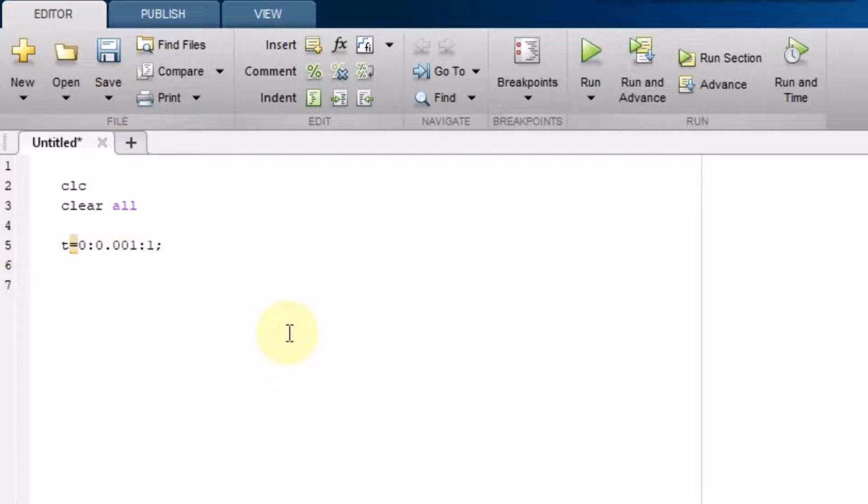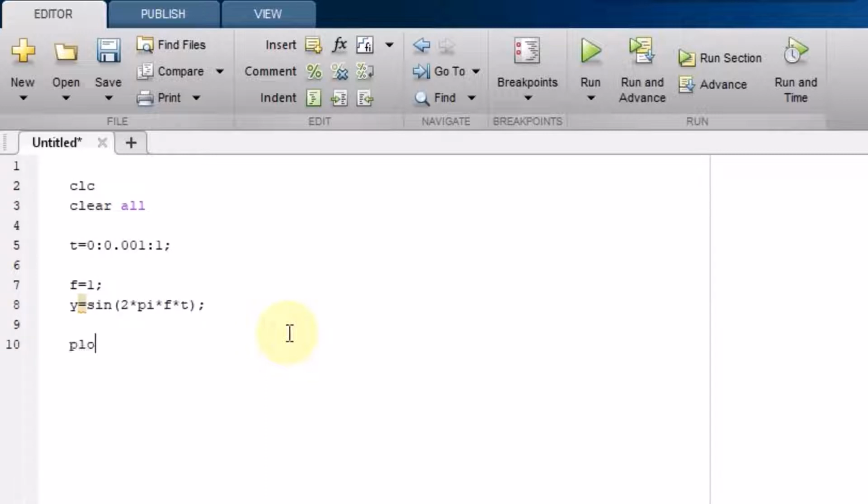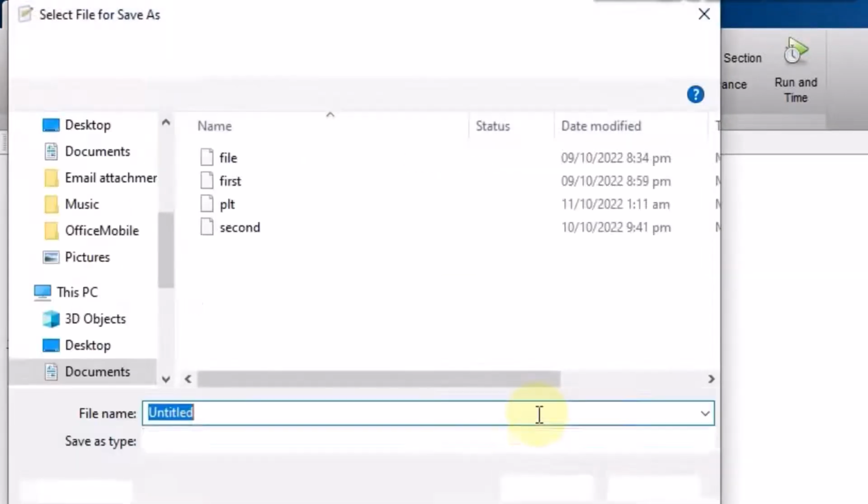After it what I have to do, let me write here again the sine wave. The frequency of this sine wave, let me have it 1 hertz, and y equals sin of 2 into pi into f into t. Okay, so this is the sine wave, and in order to plot it I can write plot(t, y) here, and then I have to save it.